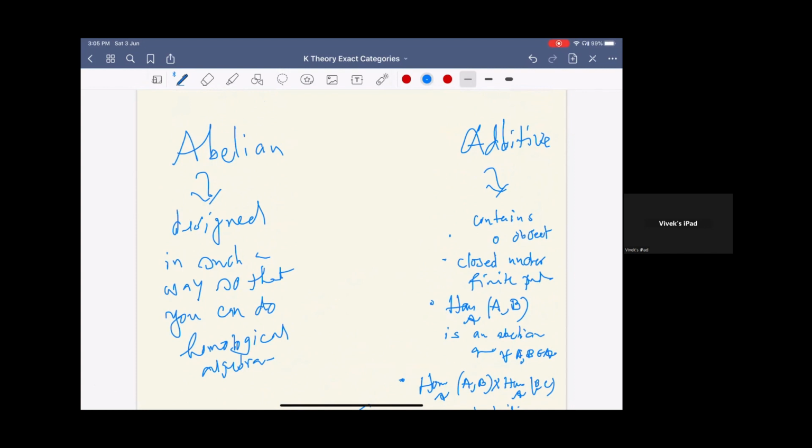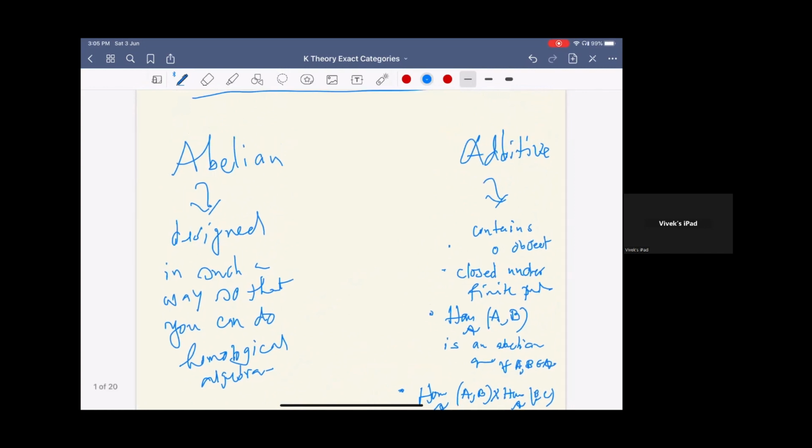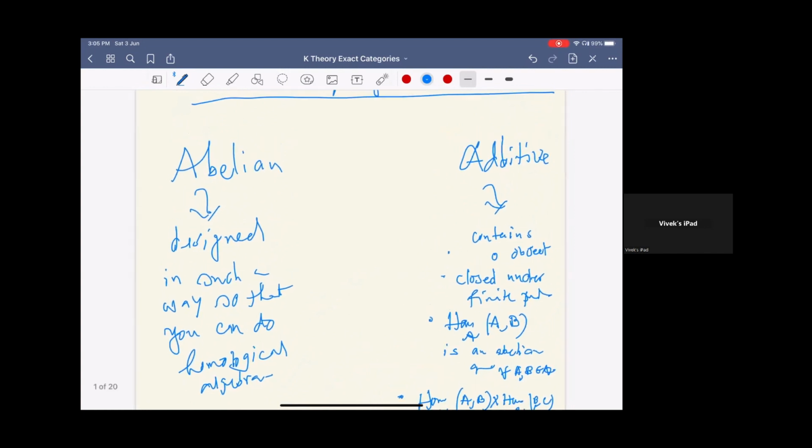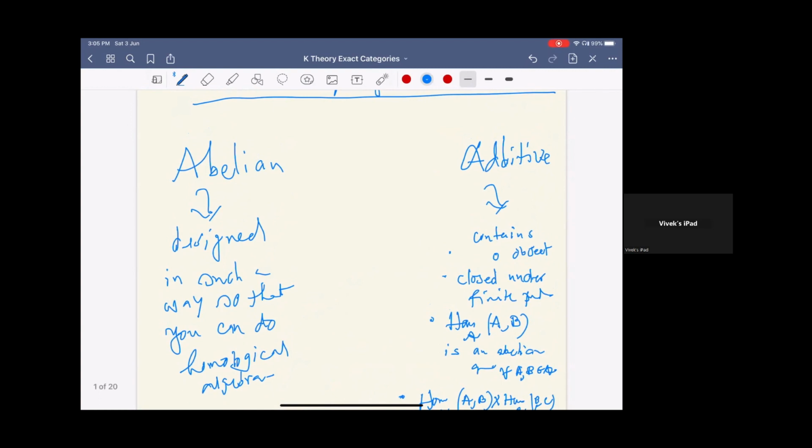And what is an abelian category? I'll come to the definition, but basically an abelian category is a nice category where you can do all the homological algebra. You have a kernel and cokernel notion, and you have a short exact sequence notion. But sometimes in K-theory, the abelian category expectation is too much. So somehow you have to find some middle path.